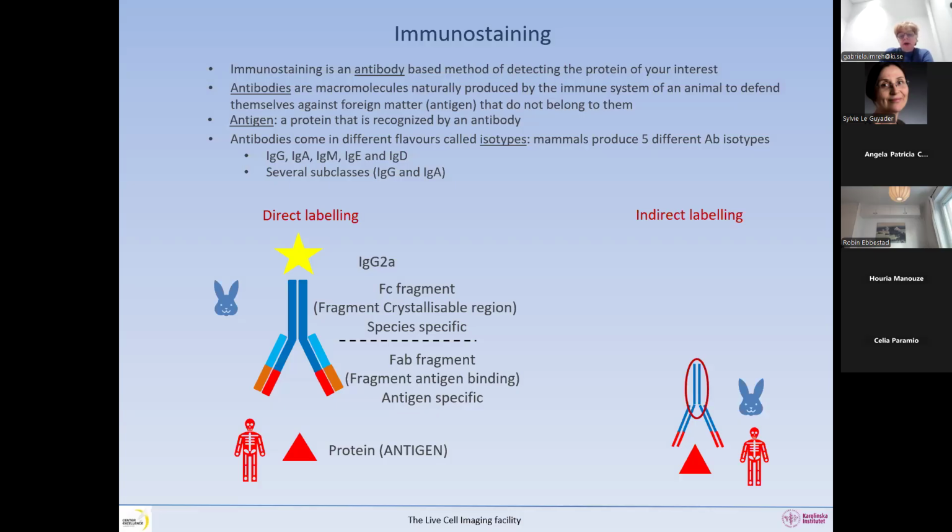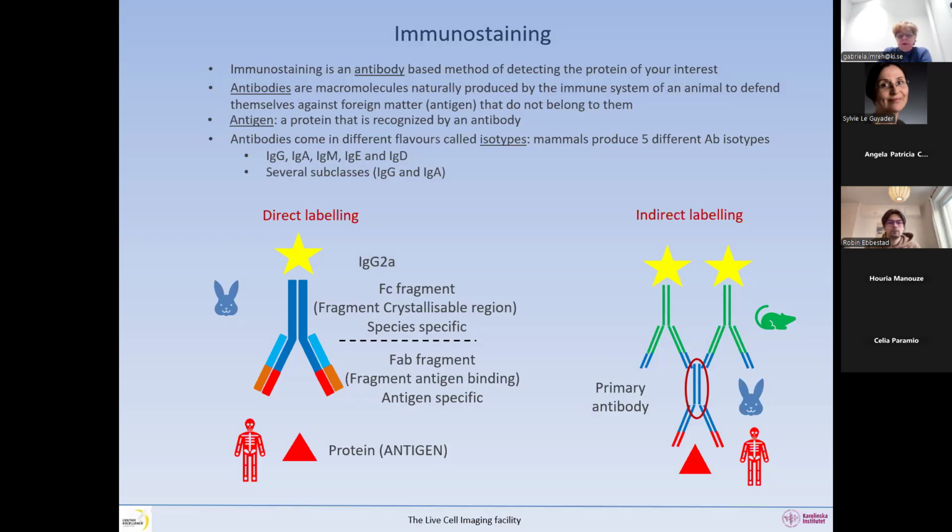Now the FC part of the rabbit antibody is injected into a different host, let's say a mouse, and the mouse will produce its own antibodies, in which the FAB part of the mouse antibody would recognize the FC part of the rabbit antibody. And now we will label the FC part of the mouse antibody with either an enzyme or the fluorophore of our choice.